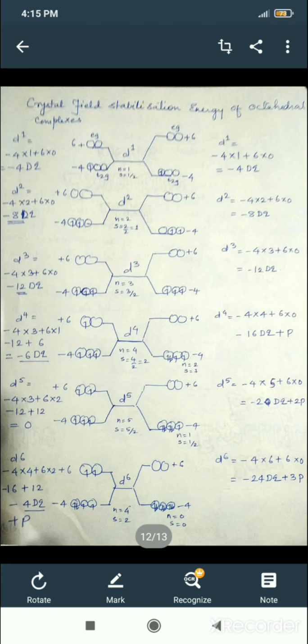So I have written n is equal to, in case of d4, n is equal to 2. So s is equal to 2 by 2 and s is equal to 1. So in case of d4, d5, d6 and d7, there will be two different situations.